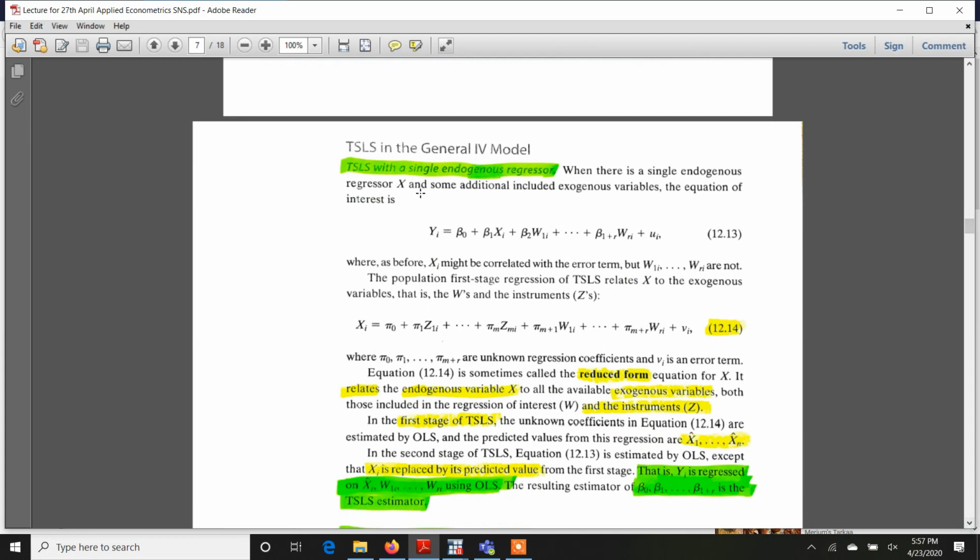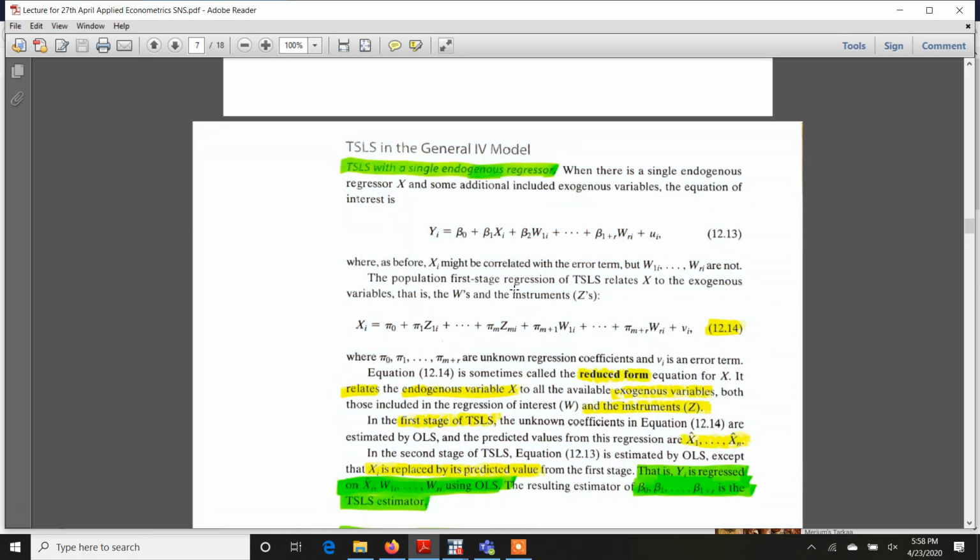Okay, so TSLS with a single endogenous regressor, that is, we have one endogenous variable. So when there is a single endogenous regressor and some additional included exogenous variables, the equation of interest is given by this, right? We have a single endogenous regressor, that is this X, and these W's, these are exogenous variables, right?